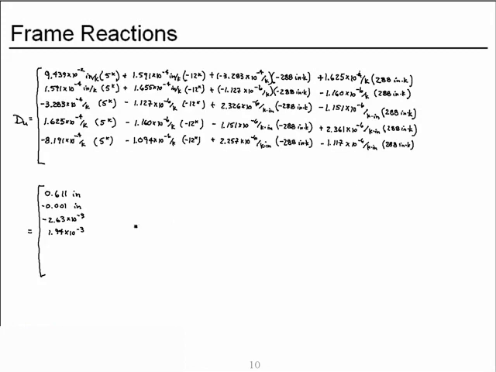Evaluate that expression, and we get a minus 5.05 times 10 to the minus 3 radians.